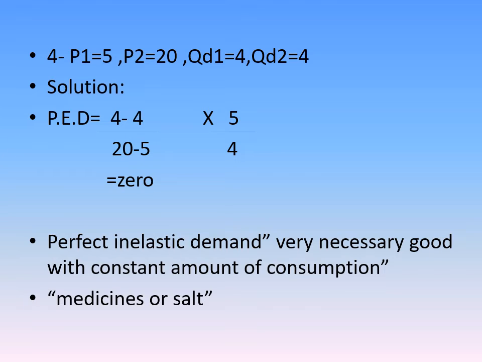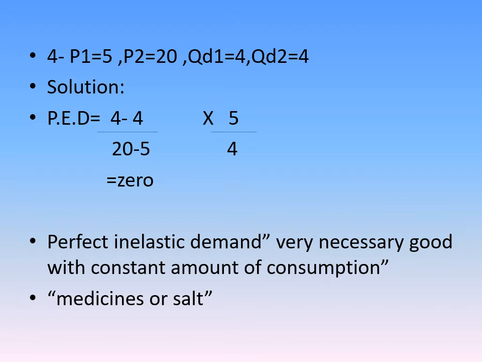Again, PED, we are going to substitute. Of course, there is no change in QD. It means delta QD equals 0. So, to refresh, what is the type of price elasticity of demand in this case? It is perfect inelastic demand. What do we mean by perfect inelastic demand? A very necessary good with constant amount of consumption, like medicines or salt.